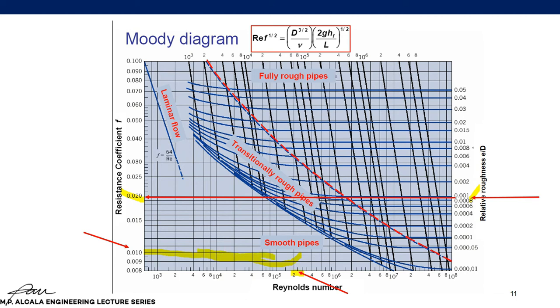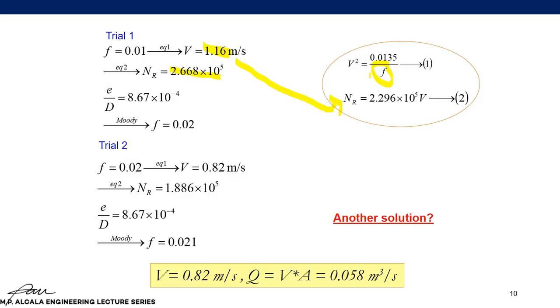In this intersection, in this line, and in this line, 2.6. So, no line. No curvature. We don't have a reason to assume that friction factor. Okay? But then, let's now look at another iteration.